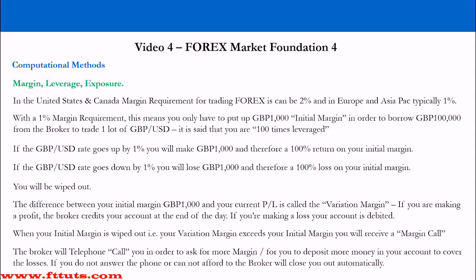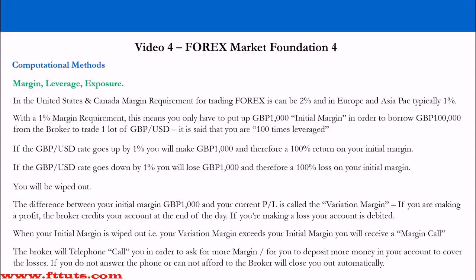And basically what you're doing is you've ended up becoming 100 times leveraged. So if cable, the sterling US dollar rate, goes up by 1%, you're going to make £1,000 and you're going to make a 100% return on your initial margin. If the cable rate goes down by 1%, you'll lose £1,000 and therefore you're going to lose 100% of your initial margin.